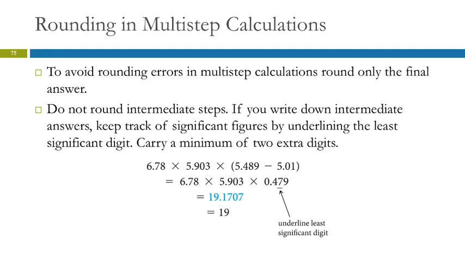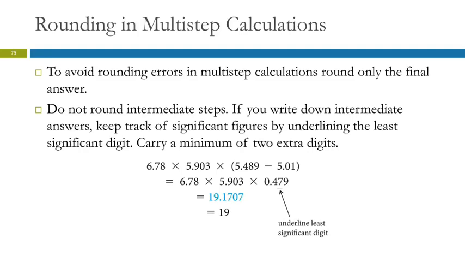Okay. So sometimes we do a calculation, and then we end up taking that number and doing another calculation on it. We want to avoid rounding errors. If you round every single step, you're going to introduce error into your measurement. So we want to avoid that, so we only round at the very, very end. We carry extra digits along.